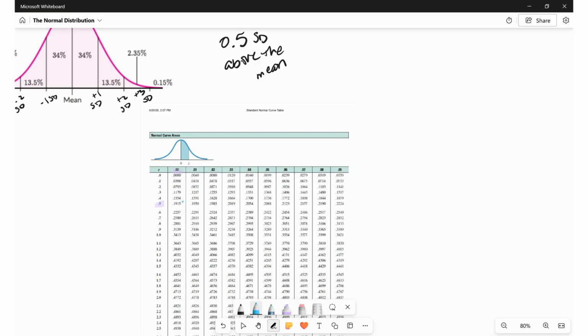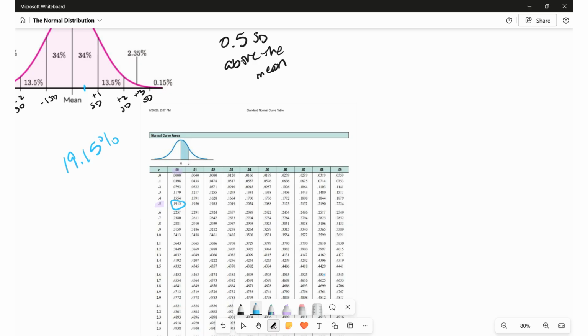And when we do that, we find this right here. Okay. And we find that that area is 19.15%. That is what's in between the mean and half of a standard deviation. Okay.